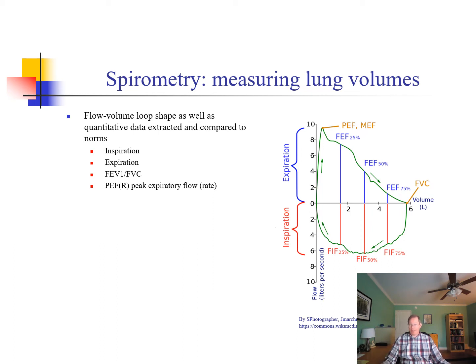I'm just inspiring like I normally would. But the expiration is a little different. Expiration wants to access that inspiratory and expiratory reserve volumes. So what I'm going to do when I breathe in is breathe out as rapidly as I possibly can.